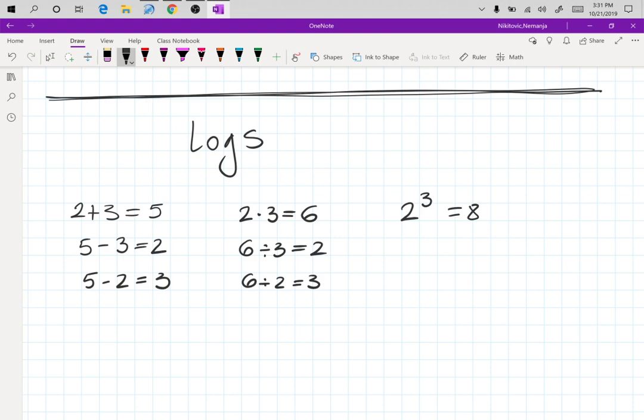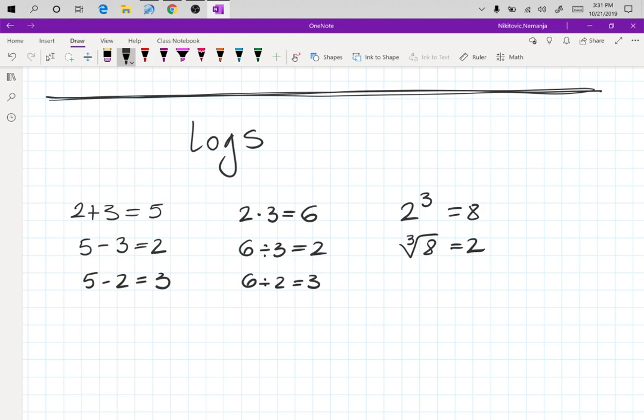Now, what we are going to do here is we are going to take the cube root of 8 to retrieve 2. How do I retrieve 3? Square root of 8 is 2 root 2. Cube root of 8 is 2.